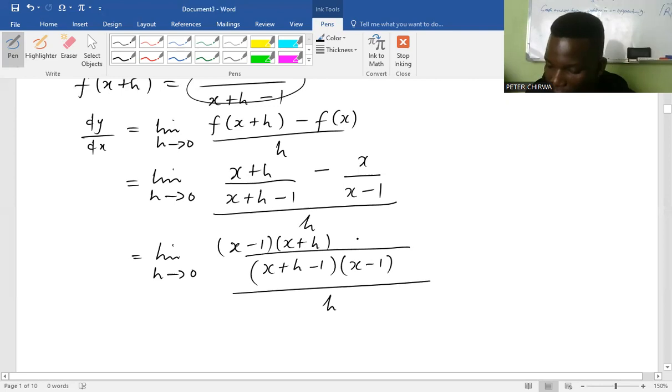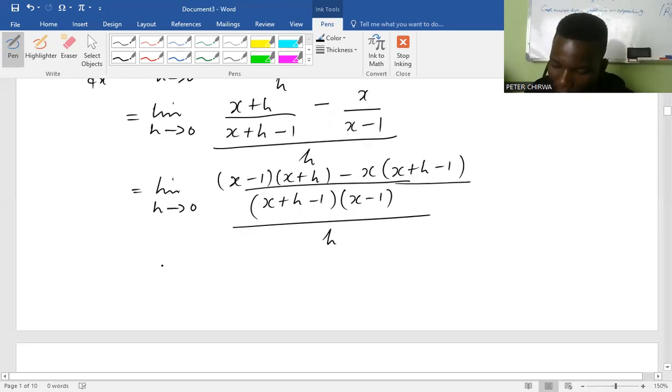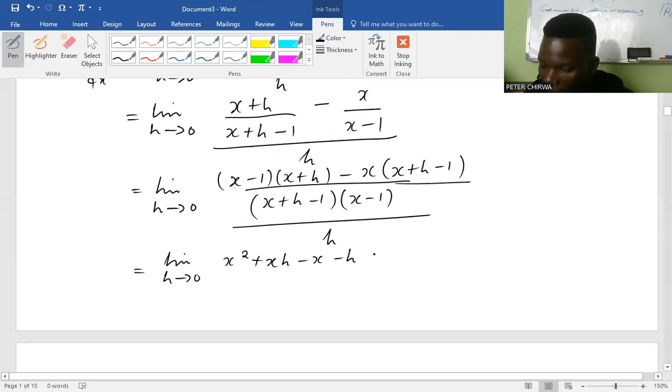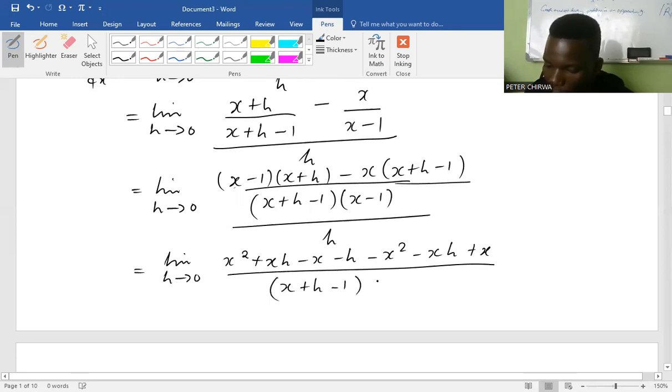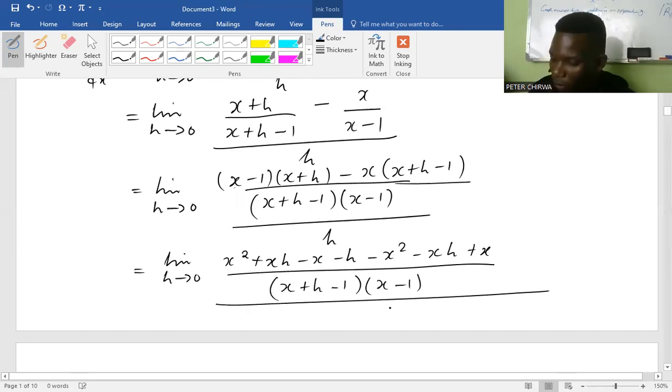And then here we are going to have minus x, also multiplying that. So simplifying this, we have x squared plus x minus h, and then minus x squared minus xh plus x plus h minus 1 over h.